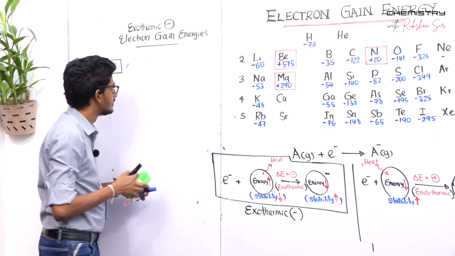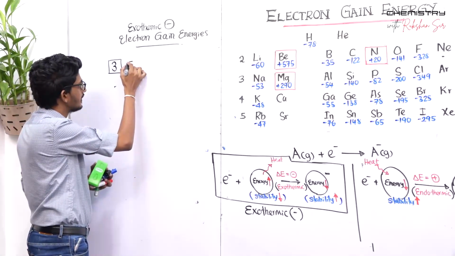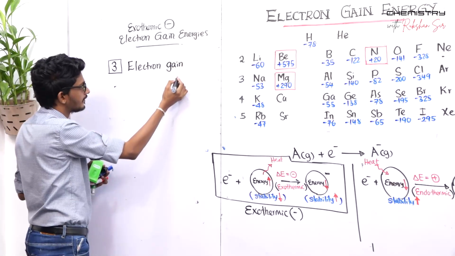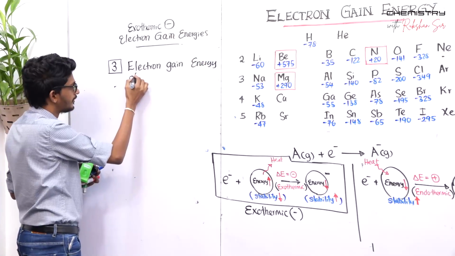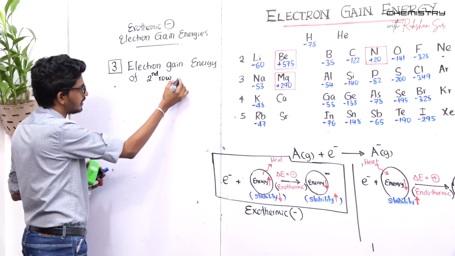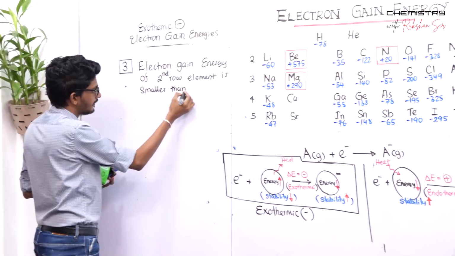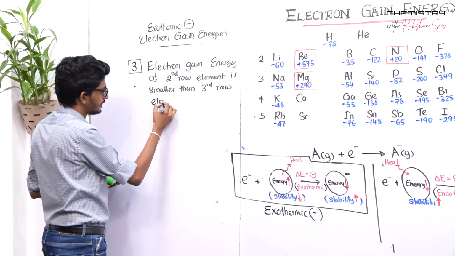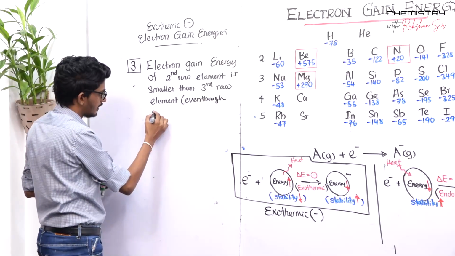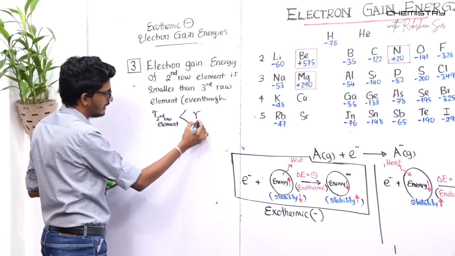The idea is this. Number 3. Electron gain energy of a second row element is smaller than that of a third row element, even though the radius of the second row element is smaller than the radius of the third row element.